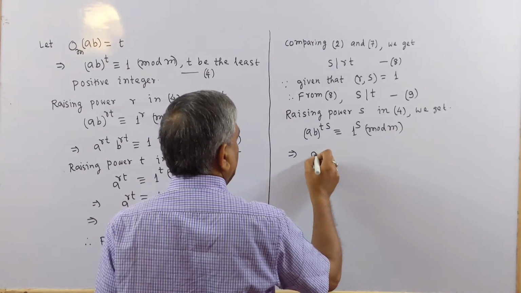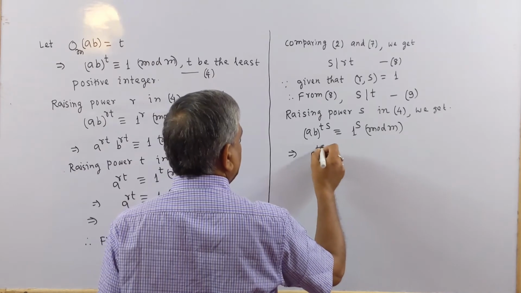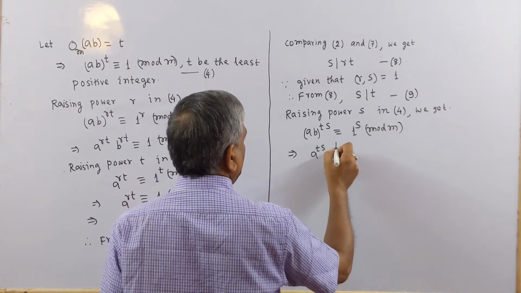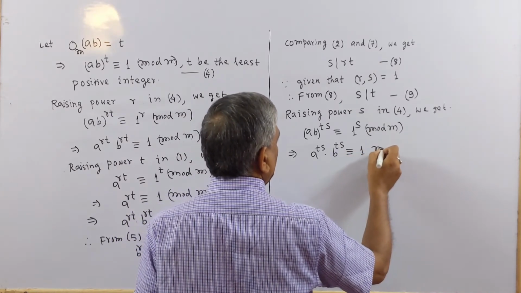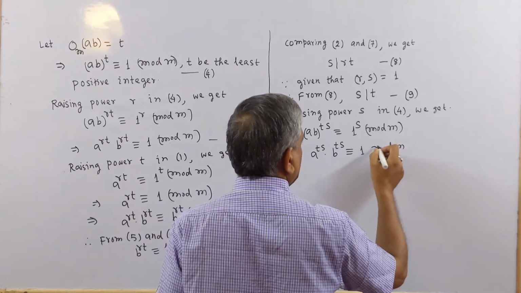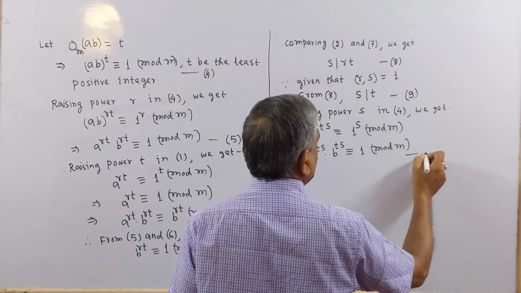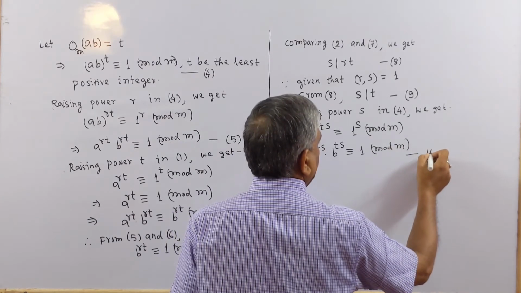Implies that a to the power ts multiply b to the power ts is congruent to 1 modulo m. Let this be number 10.